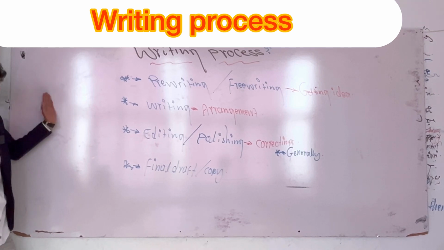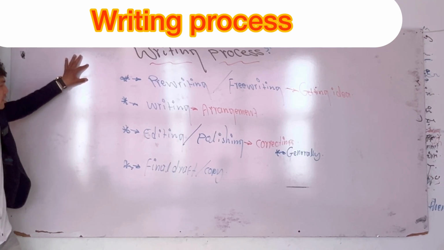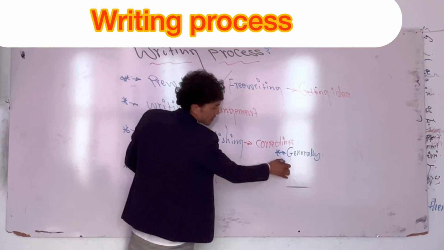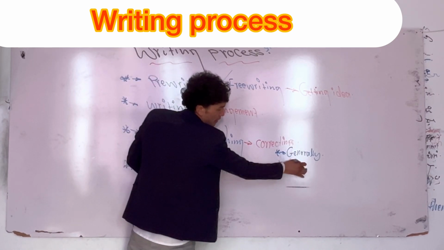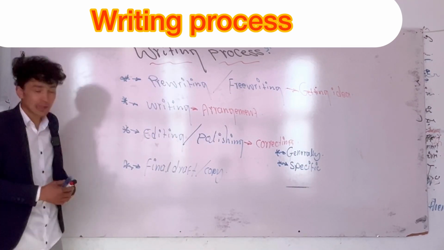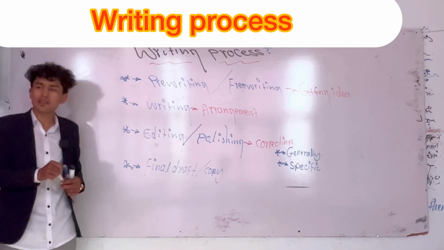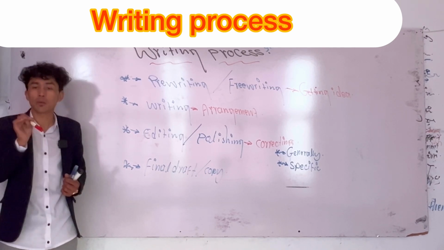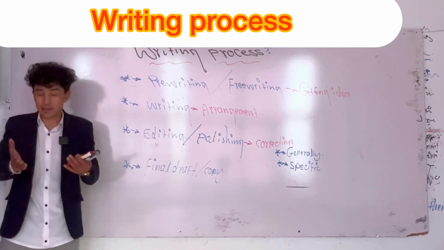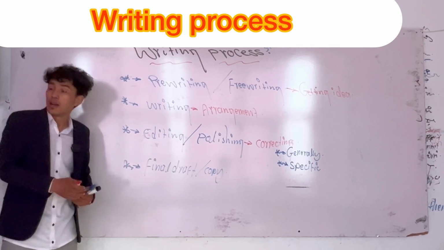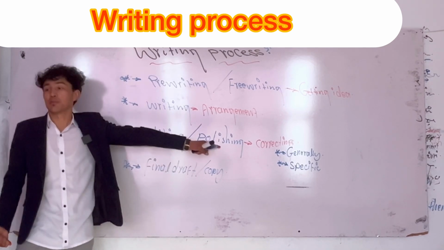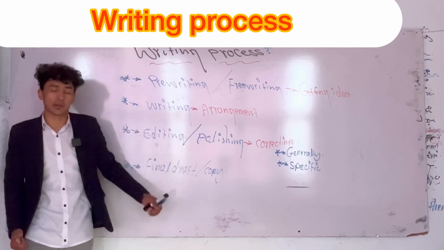So that is all. The next way is specific editing. Specific editing means you check every single sentence of the paragraph one by one, each word one by one, whether this word is chosen correctly, whether this sentence has a verb and a subject, whether I punctuated this sentence correctly. This is called specific editing, and the first one is called general editing.